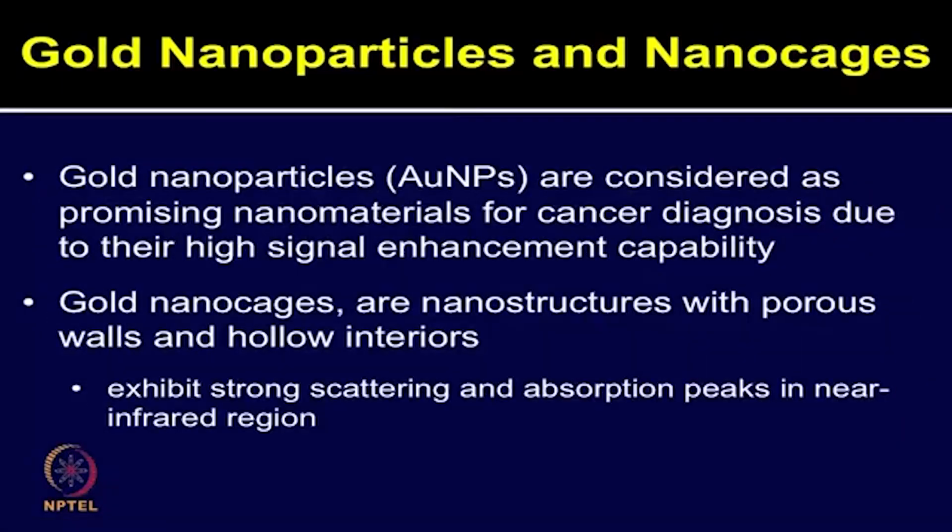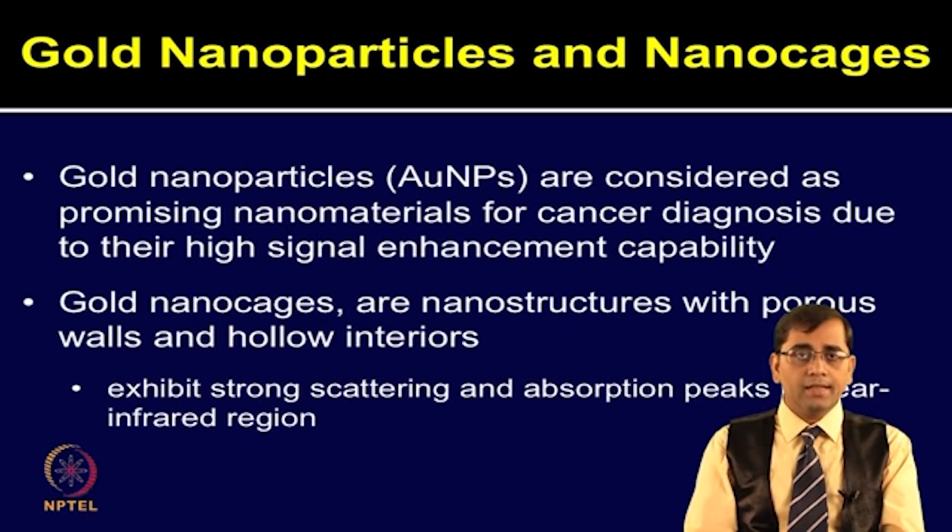The size of the gold nanoparticles determines the proportion of absorption to scattering with biological imaging, and it requires a very high scattering cross section, which is achieved by increasing the size of nanoparticles.